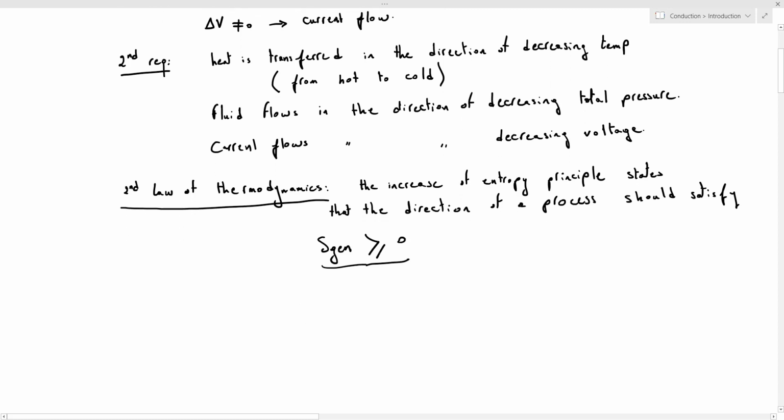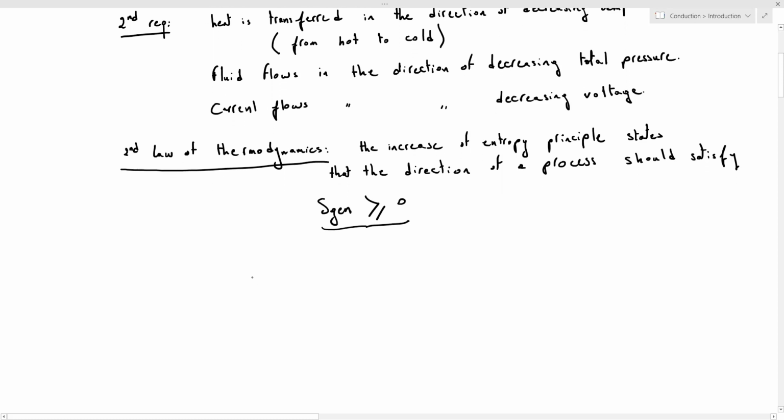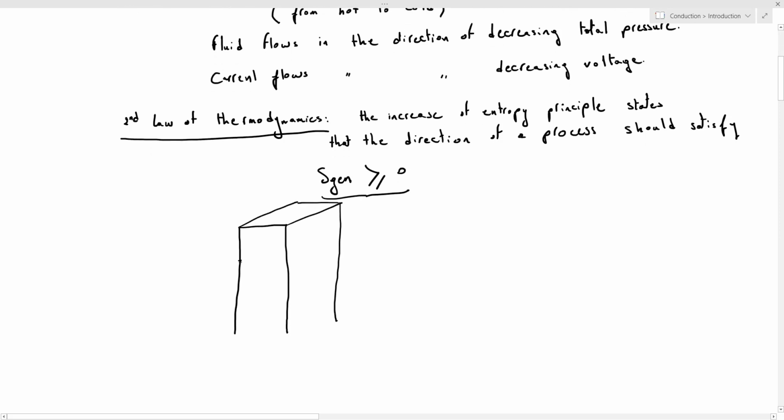We can use this equation to prove that heat is transferred in the direction of decreasing temperature. For example, if we take a brick wall, from one side the temperature of the wall is high, T hot. Maybe here we have outside summer conditions, the temperature is high.